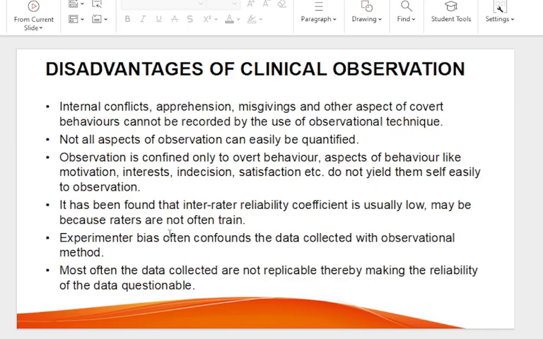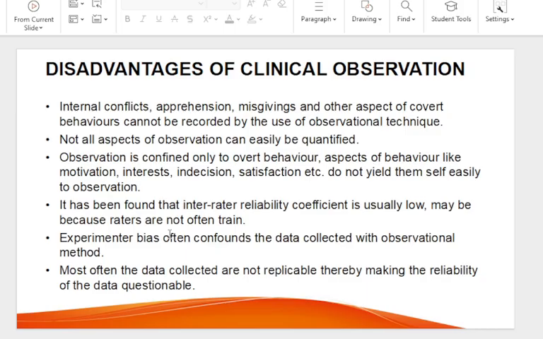Now, there's also the disadvantage of experimenter bias that often confounds the data collected with the observational method. We all have our values, our system of thought, our subjective reasonings that sometimes play a part in the way we view the world. These values, these set rules and morals, come to play in our observation, and then come to interpret what we see.